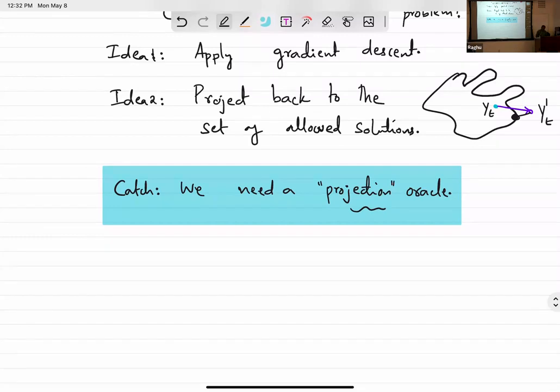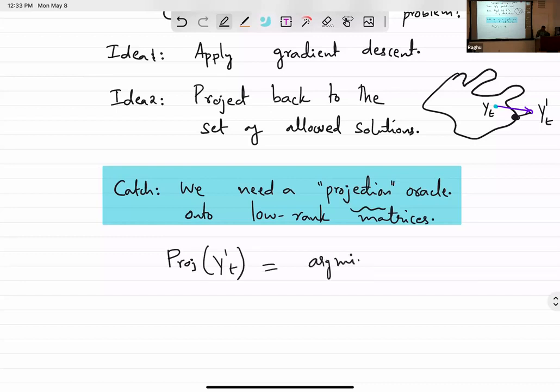Okay. So we need a projection oracle onto low rank matrices. But the projection of y prime t is the argmin over all things, let me use a different letter z, where rank of z is less than or equal to k, that minimizes the Frobenius distance. Right?